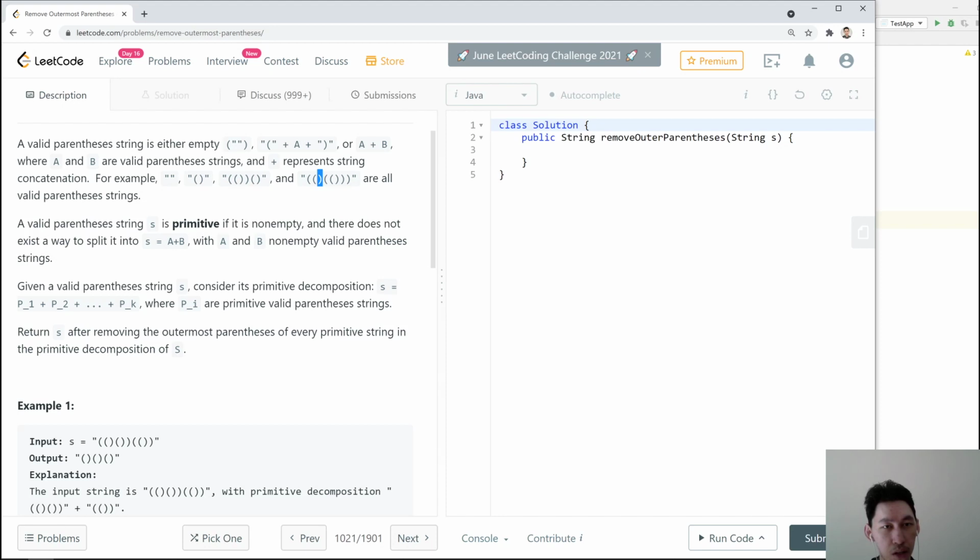And this is valid because we have that on top of it. And then we can recurse our way out of it. Okay. So return S after removing the outermost parentheses of every primitive string.